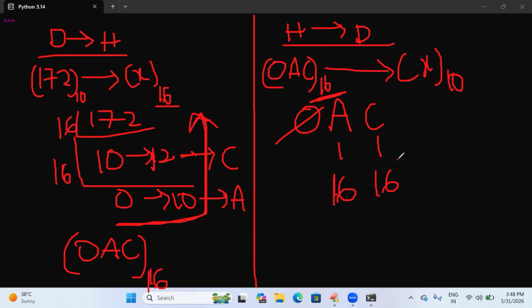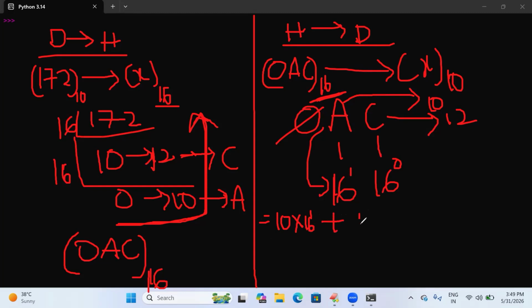We have to multiply and add all this. In the hexadecimal number system, A stands for 10 and C value is 12, right? So A is 10, so here do 10 into 16 to the power of 1, plus C is 12, so 12 into 16 to the power of 0.